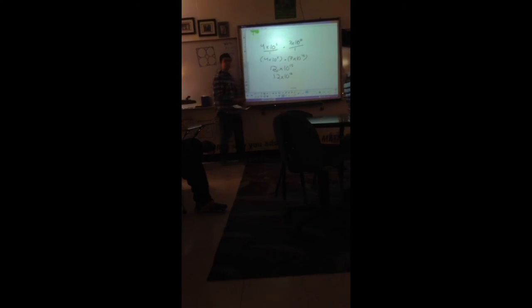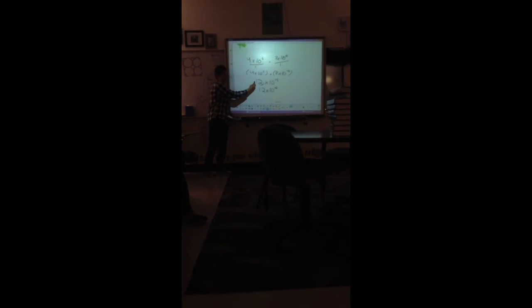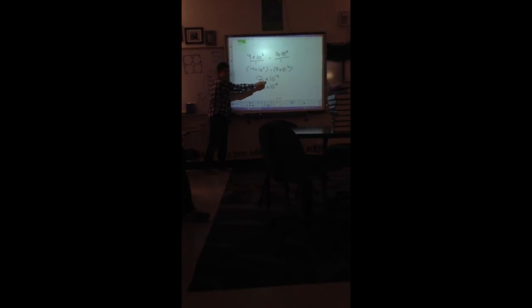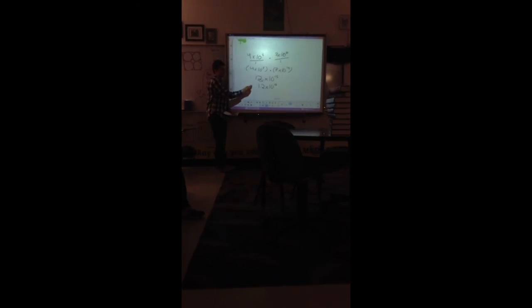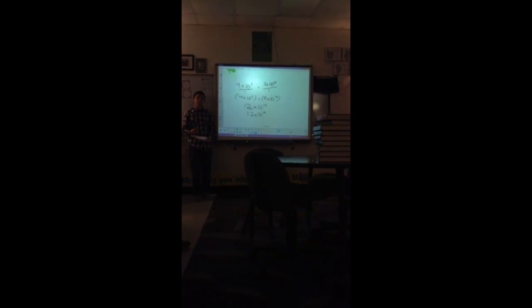Wait, why do you do that? Because 12 is over 10, so you have to have all the 10s on this side pretty much. Why is 12 over 10? Okay, so because the 12 is bigger than 9, because Boston brilliantly told us that the number to the left of the decimal can only be 1 through 9. So is 12 1 through 9?